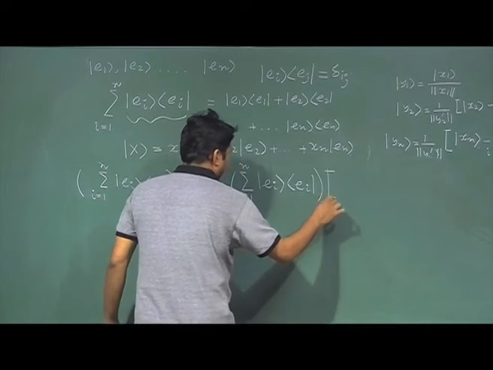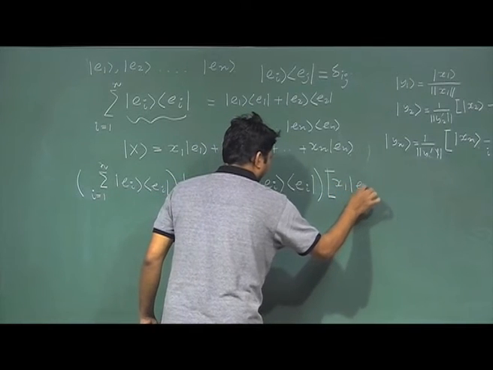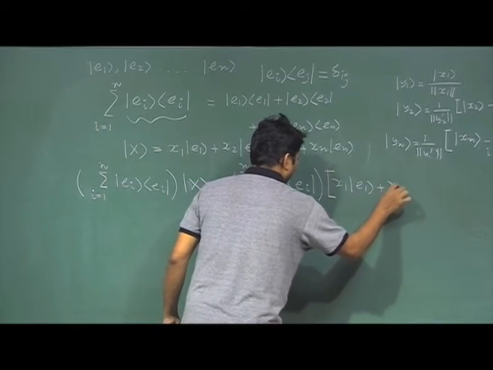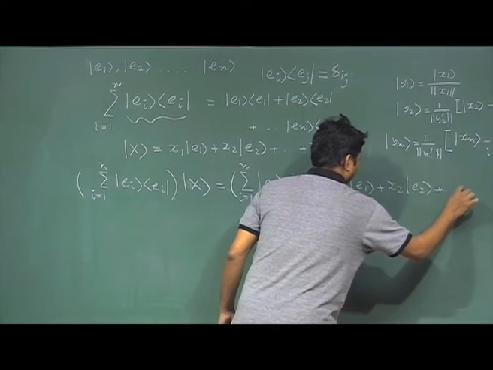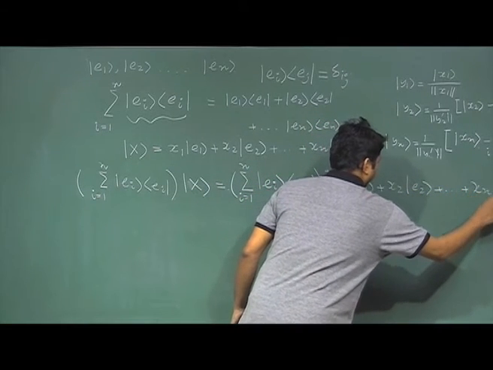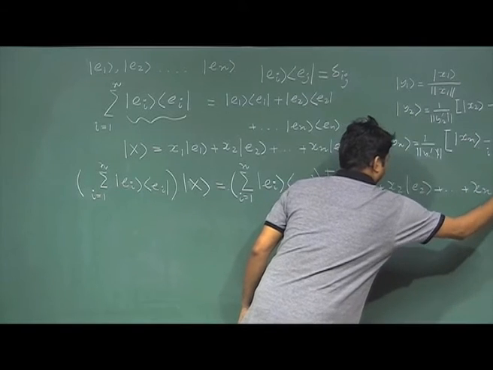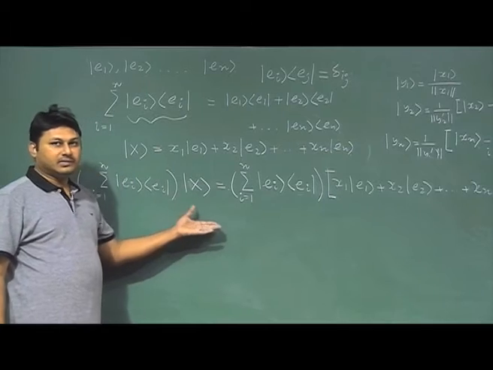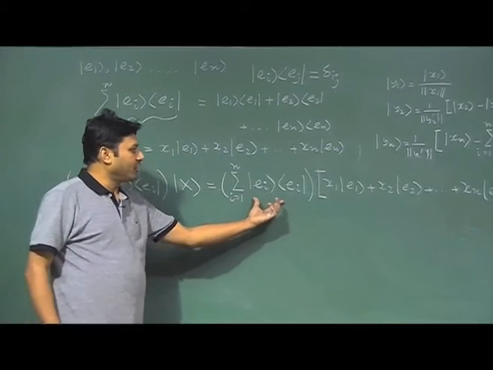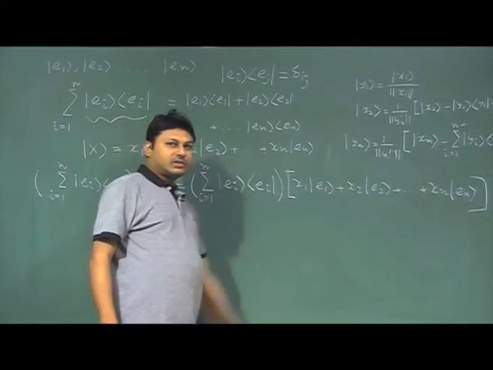What is my x? X is x1 e1 plus this. So, this is the thing I want to operate over and try to find out what I am getting.